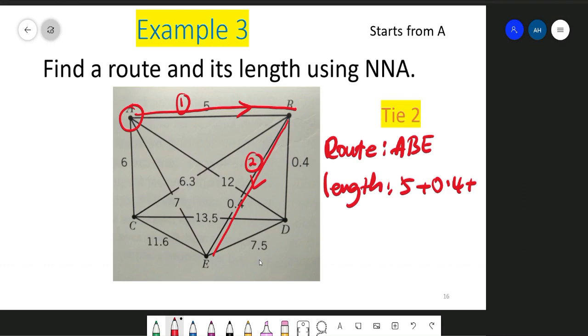So we choose the minimum one, that is 7.5. So from E we are going to choose from E to D this way. That's our number 3, plus 7.5, that is from E we go to D.